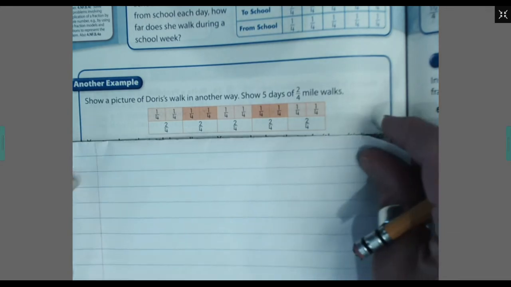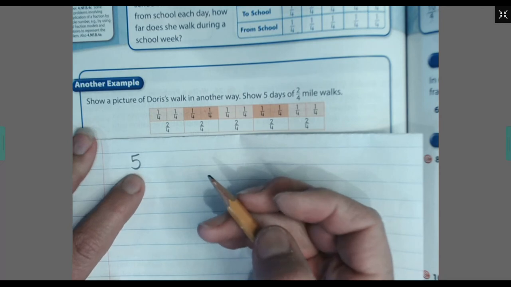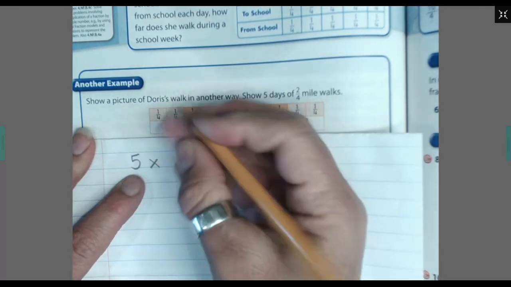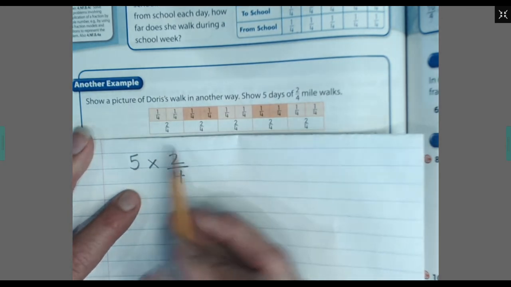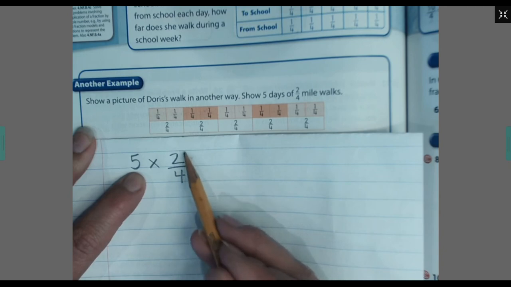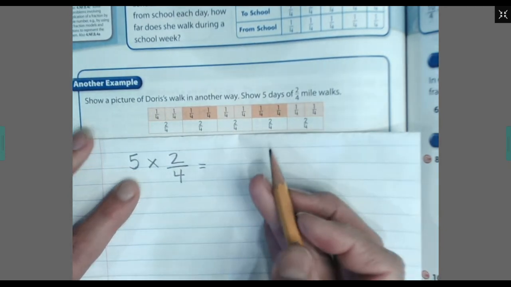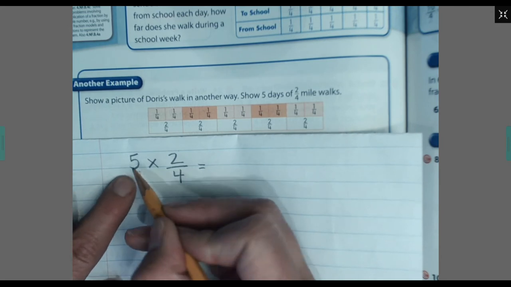I have 5 groups, that's my 5 days, of 2/4, because she walks 5 days and each day she walks 2/4 of a mile. So if we were to look at this as a fraction, this is going to have a denominator of 1.